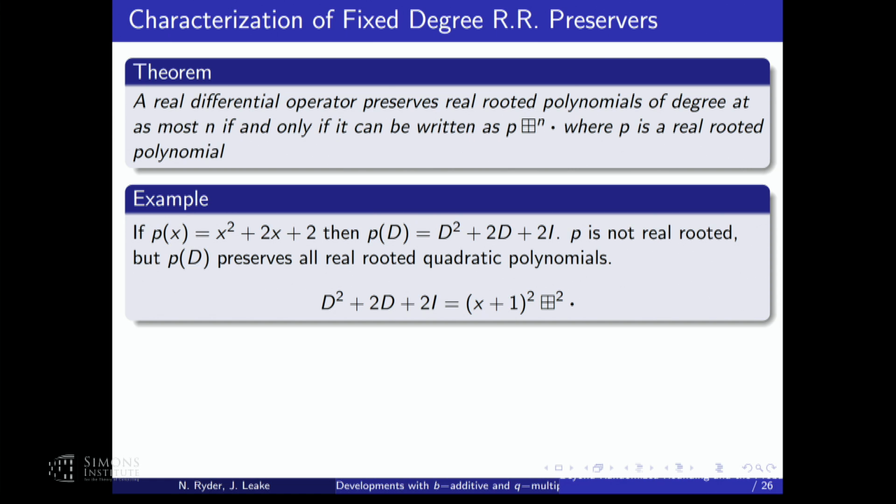This comes from a polynomial which is not real-rooted, but can be written as convolution by a real-rooted polynomial. So this tells us right here, since x plus 1 squared is real-rooted, additively convolving with it will preserve the space of quadratic real-rooted polynomials. But because it doesn't come from a real-rooted polynomial itself as a differential operator, it's not going to preserve all real-rooted polynomials. So this is, in my opinion, the crux of why the additive convolution is so powerful.